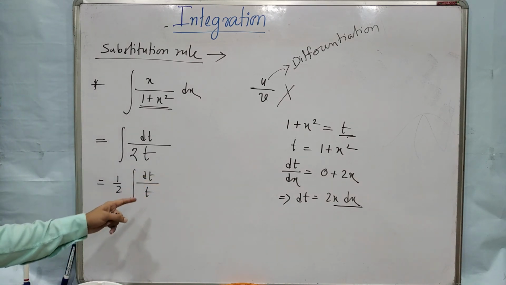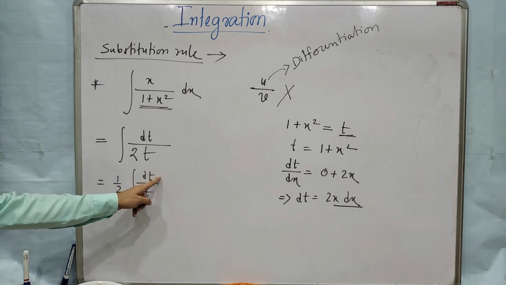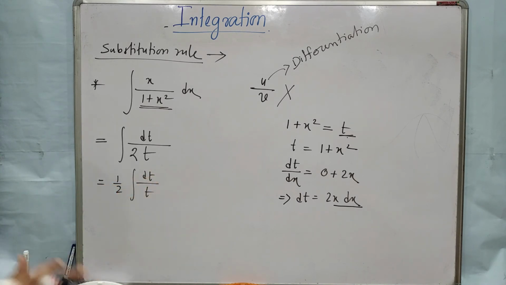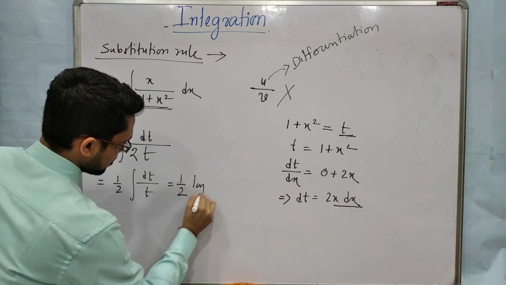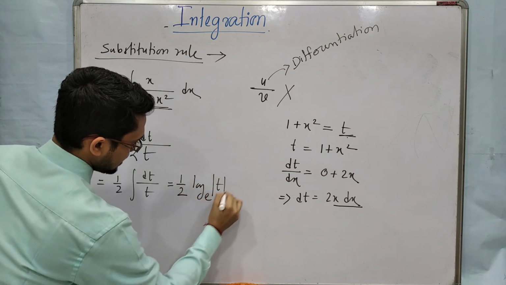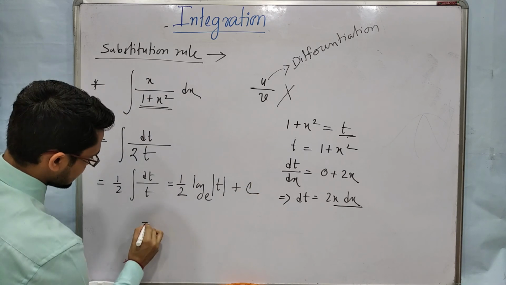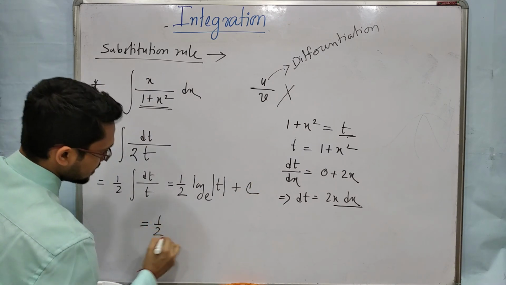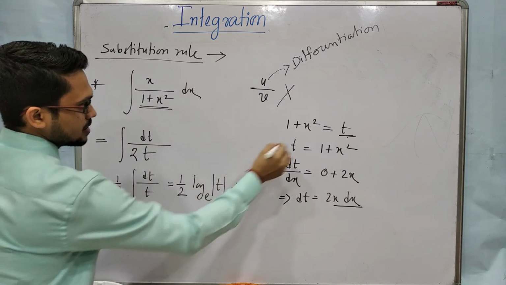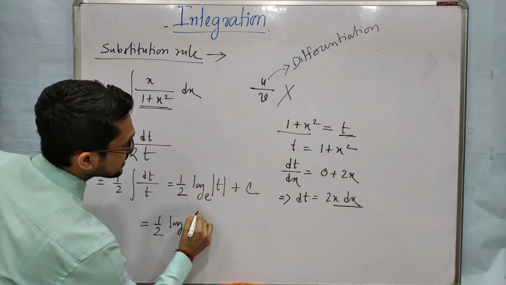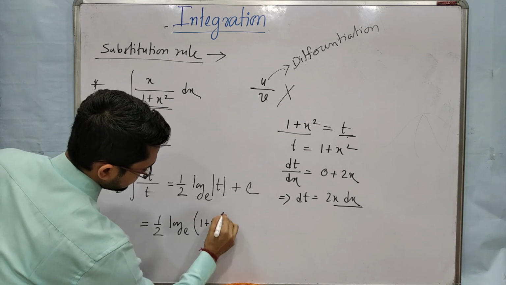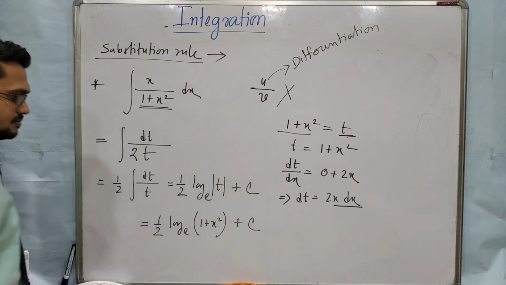Dt by t looks like dx by x. Integration of dx by x means log e mod x. So here it will be half log mod t plus c. If it is indefinite, then put the proper expression in place of t. So half log e of 1 plus x square plus c.